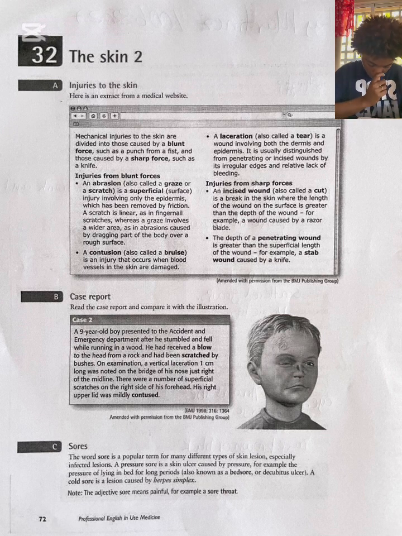On examination, a vertical laceration 1 centimeter long was noted on the bridge of his nose, just right of the middle line. There were a number of superficial scratches on the right side of his forehead. His right upper lid was mildly contused.